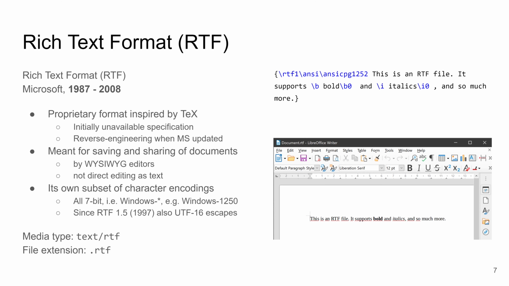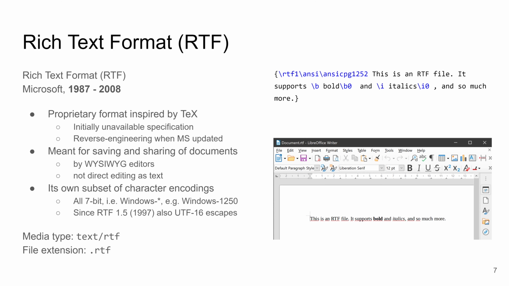It can be opened and it is rendered as it is meant to be. Note that it uses the backslash commands, which is an inspiration by TeX. For instance, the bold command has two variants, \b, which starts bold, and \b0, which turns off bold. And the same goes for italics. So yeah, this is RTF.